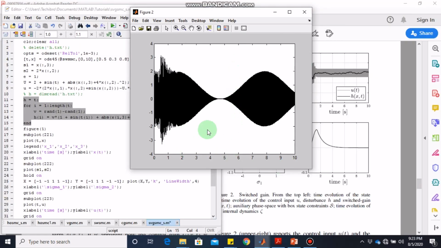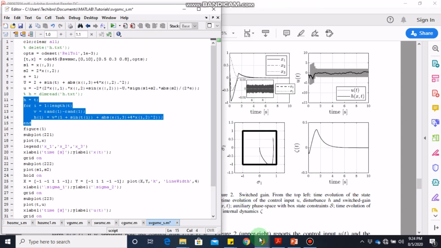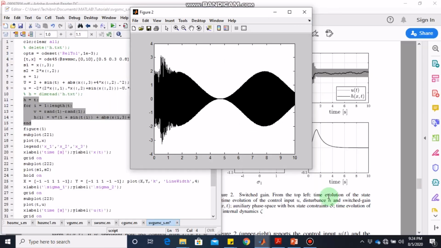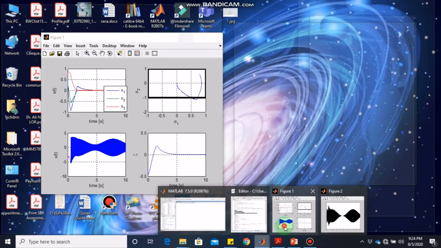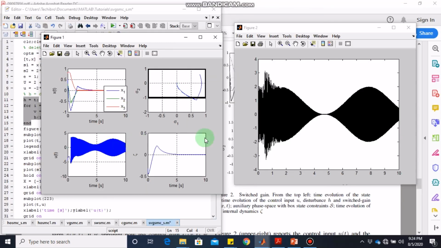This is the plot of the h function versus time, which has been created using the same equation given in the paper. There is some remarkable similarity between the shape of the h function and the shape of the controller.